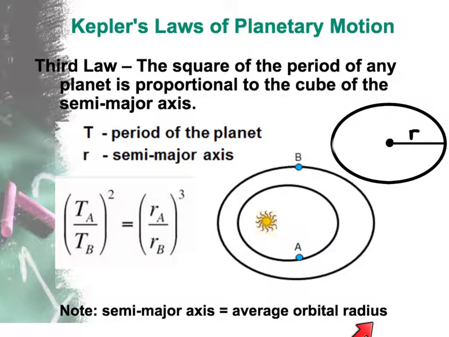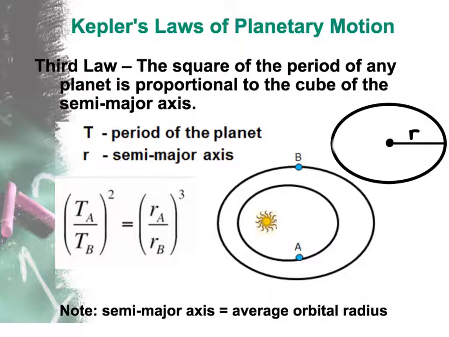I think on the table it just says orbital radius, but it implies the average because the planet goes around in an ellipse, so it changes distance from the sun as it goes through one complete orbit. But this semi-major axis is actually that orbital radius that is reported in the table. So if you're freaking out because you can't find semi-major axis, it's actually the same as average orbital radius.